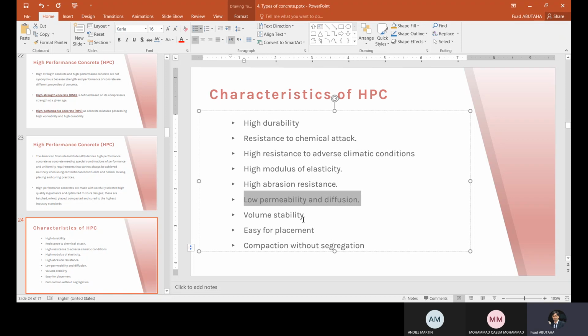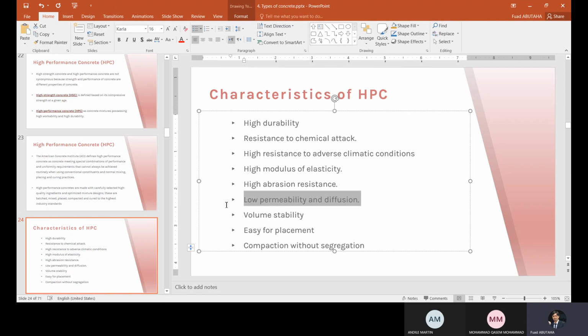Because if the concrete is highly permeable, the water can easily go through it and reach the steel bars. Then corrosion will start, the concrete in general starts to deteriorate, and it will result in structural failure at the end of the day.